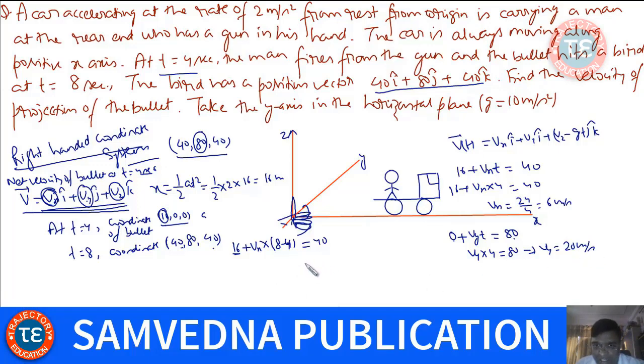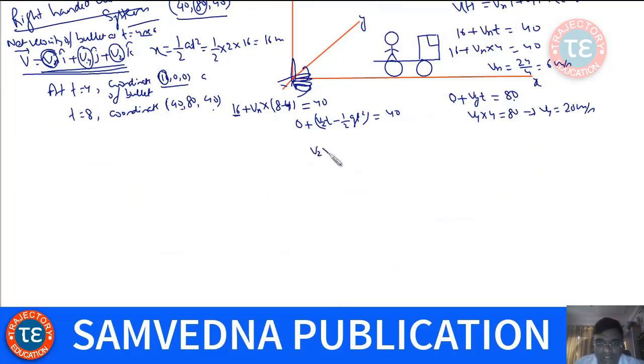And how is the coordinate in z direction varying? The z coordinate was 0 at t equal to 4, and it should vary like this, and that should give you 40 after 4 seconds. So Vz into 4 is 120, or Vz should be 120 by 4, so that is 30.